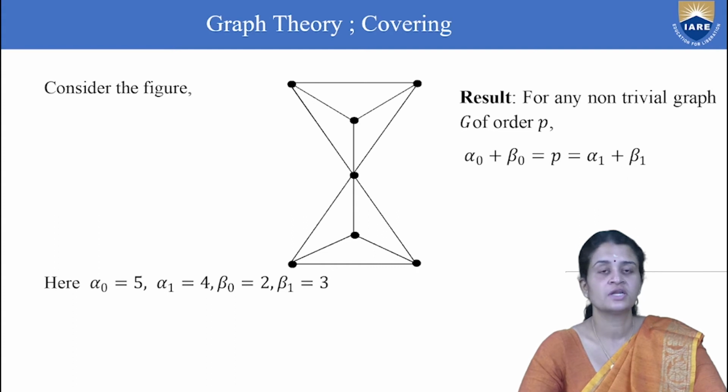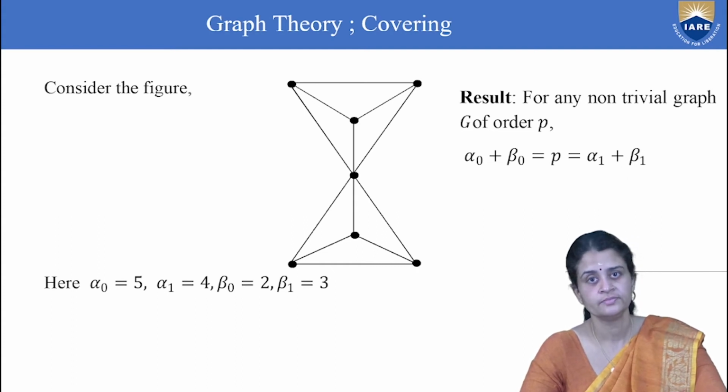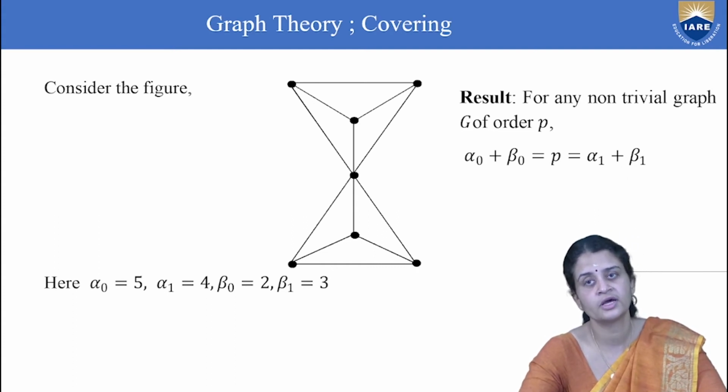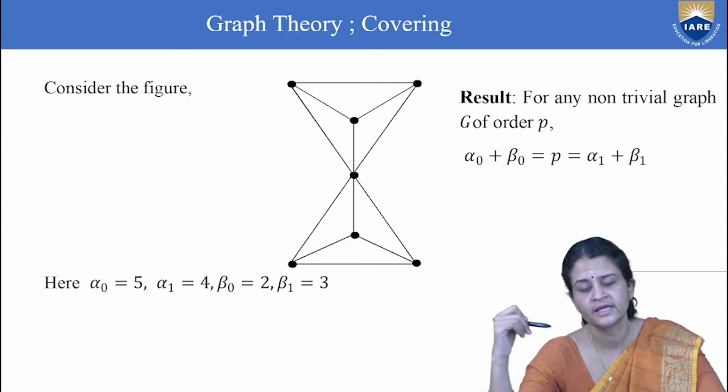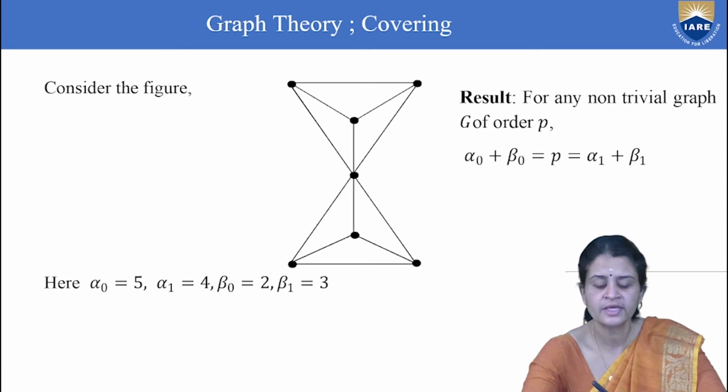And now consider this graph. Here alpha naught is the vertex covering number and alpha 1 is the edge covering number. The vertex covering number here is 5. How can we take it to be 5?